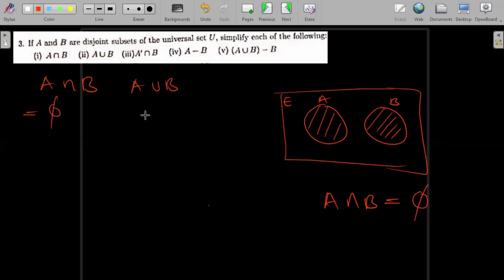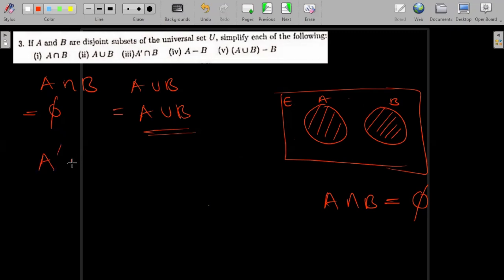But when I observe, there's no further way I can go here. It's just going to be A union B, because of course I might have some elements that sit in the universal set, but they're not part of the union of me bringing these sets together. So A union B just stays A union B. And then I have the ones that follow.